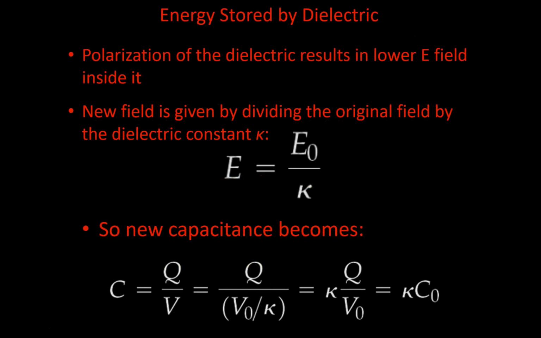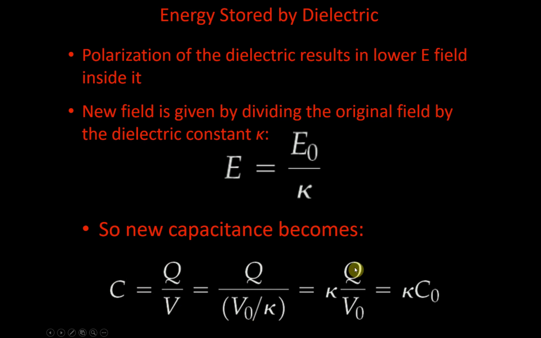So, in terms of the energy that's stored, our dielectric itself will actually lower the electric field inside it and divide it by some value of K. And that gives us our new capacitance, C is Q over V. This is the capacitance equation we saw previously, but now V is the original voltage divided by K. Brings K up here.